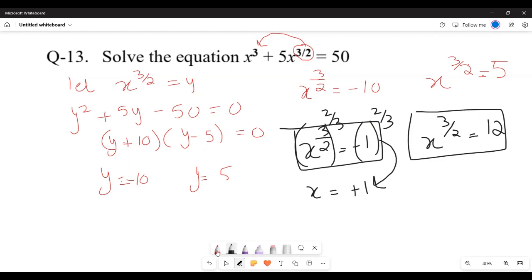However, now put 1 back over here. 1 power 3 by 2 equals minus 1. Is that true? No, so there's no solution here. And why is there no solution? Because there's a square root here.